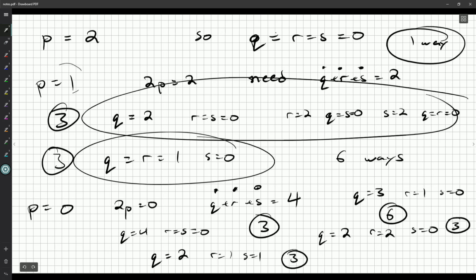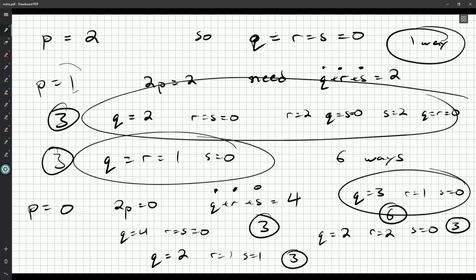What if q is equal to 1? Well, you could say, all right, maybe r is 3 and s is 0, but you'll notice that we already have that covered. Okay? We don't want to do what's called double counting. We don't want to count the same case twice, and we would be counting that same case twice.